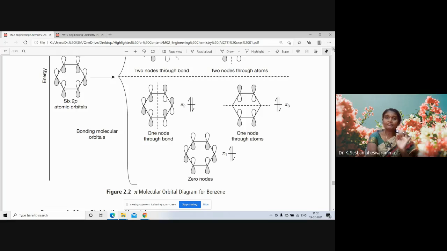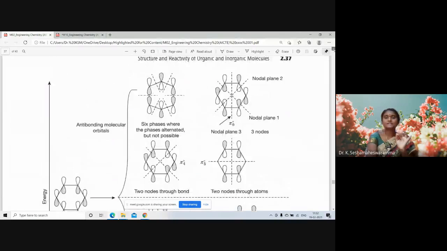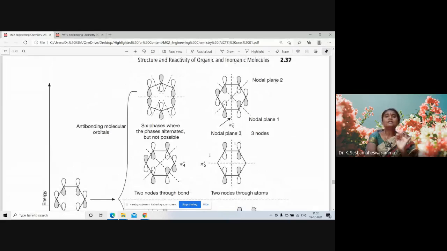Pi 4, pi 5, pi 6: pi 4 and pi 5 have 2 nodes, pi 6 has 3 nodes. Hence, these are anti-bonding having more energy.